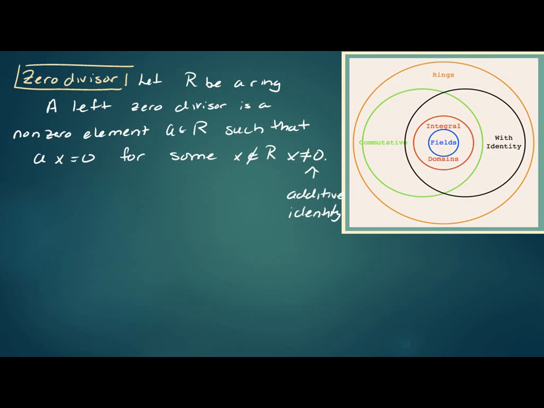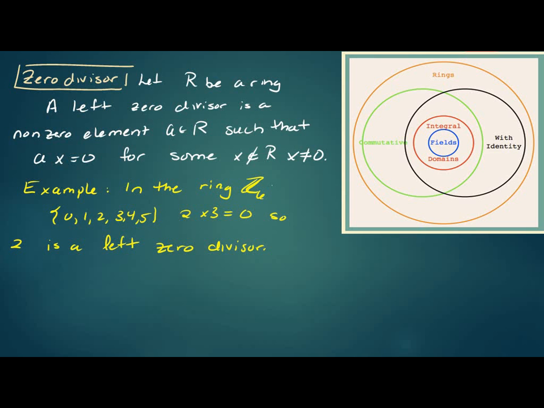Let R be a ring. A left zero divisor is an element A, not 0, such that AX equals 0 for some x not 0. So there's a way to multiply to 0 where both of those elements are non-zero. Let me give you an example. In the ring Z6, 2 times 3 is 0.